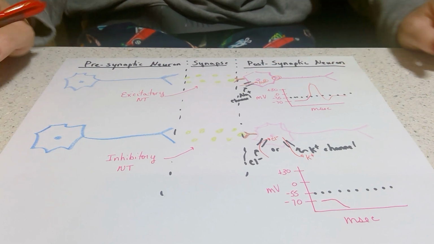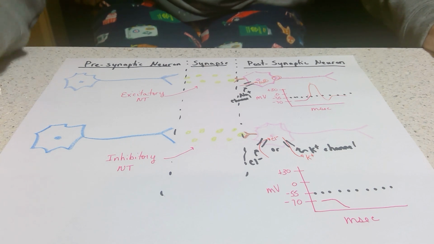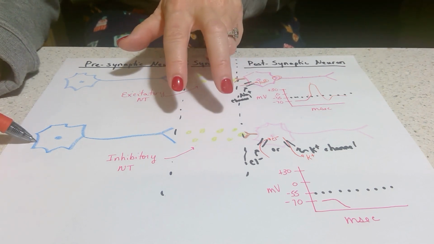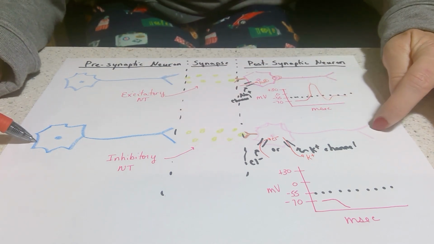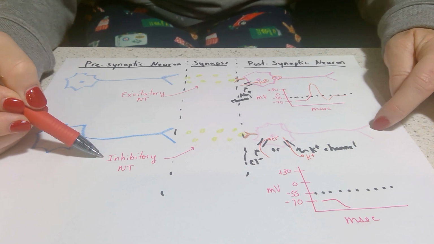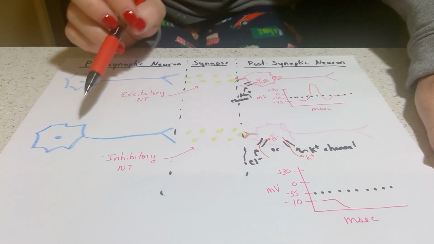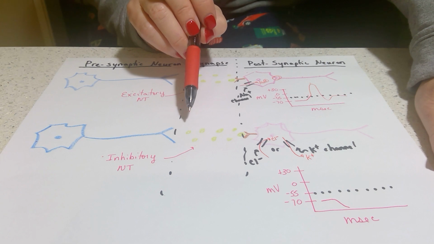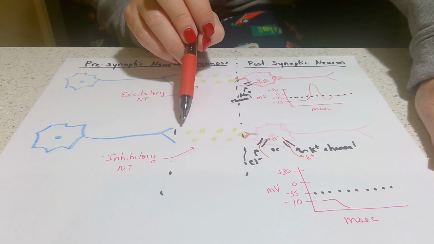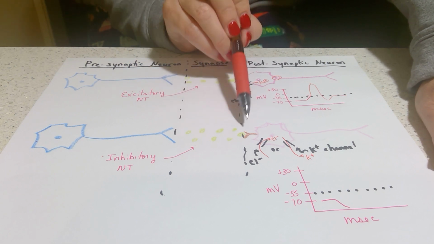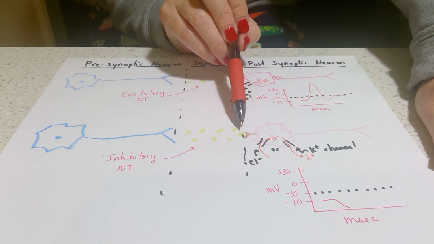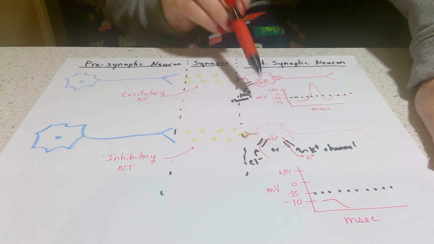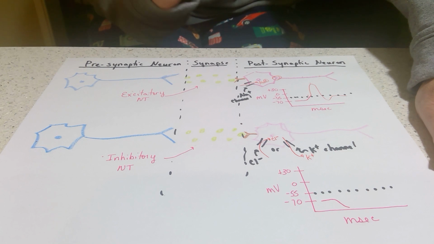Now let's look at this pathway here, where again we have a presynaptic neuron, our synapse, and our postsynaptic neuron. Now we're saying we have an inhibitory neurotransmitter. So the presynaptic neuron is releasing an inhibitory neurotransmitter, which diffuses across the synaptic cleft, binds to a receptor at the cell body of our postsynaptic neuron here. We have two different options here.